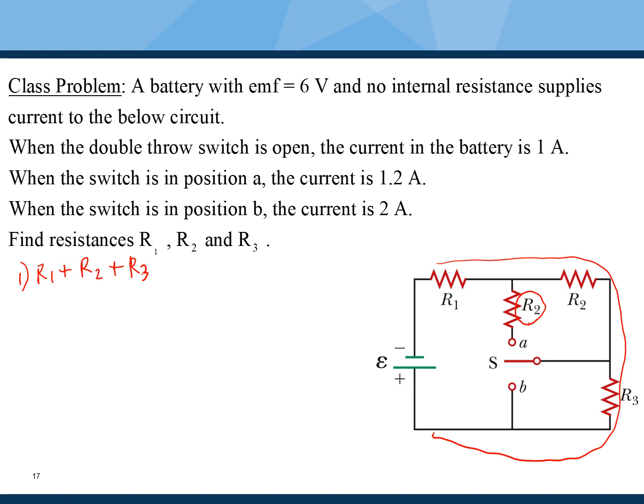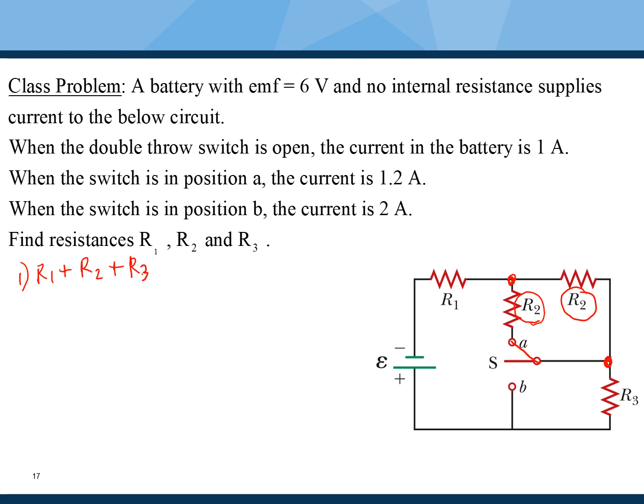Now let's go ahead and erase all different parts of this diagram and consider what happens when we have the switch thrown towards A. When the switch is thrown towards A, we realize that this R2 and this R2 come to be in parallel, which means that across these two ends, we have R2 and R2 in parallel.